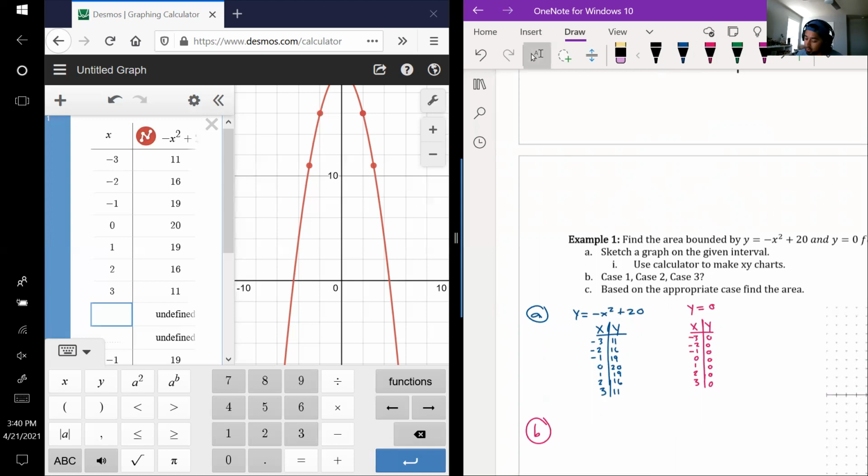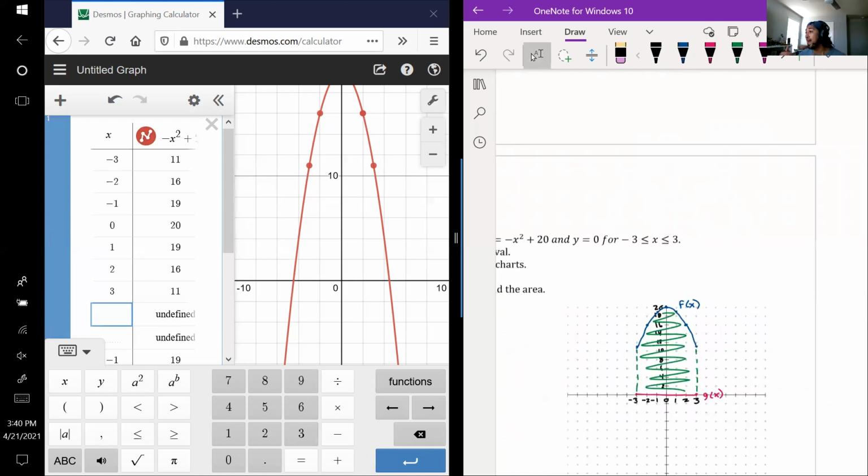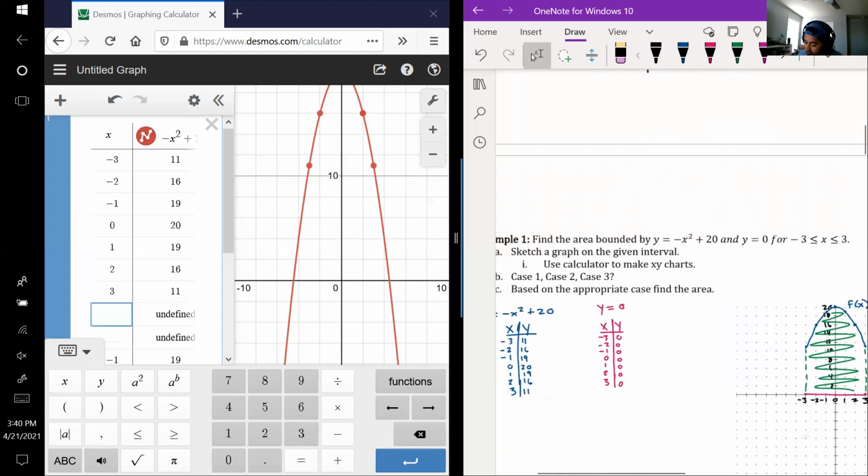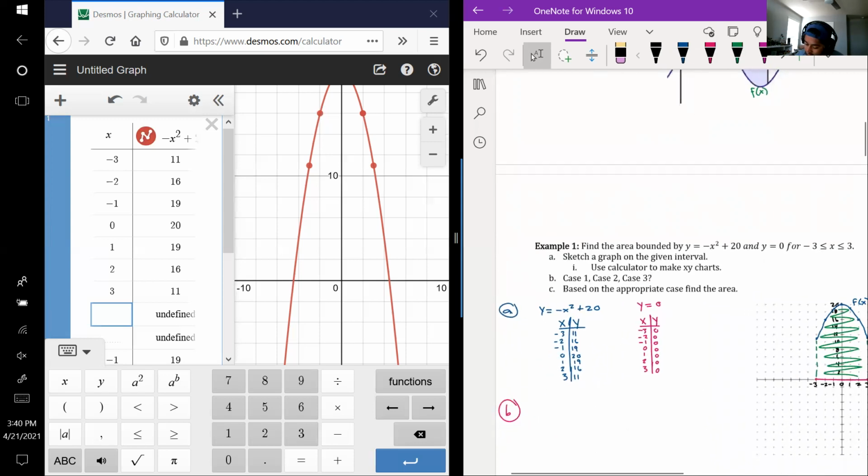So if we look at our graph, we see that f of x is above g of x. So from our graph, f of x is above or greater than g of x. So this is going to be a case 1.